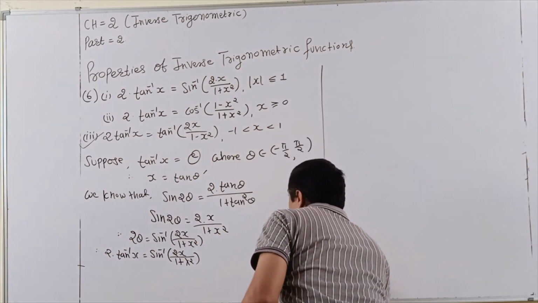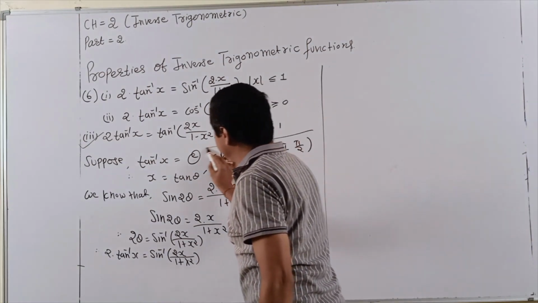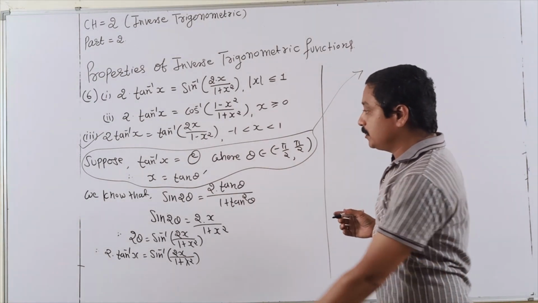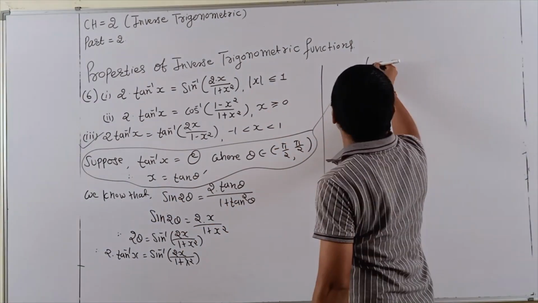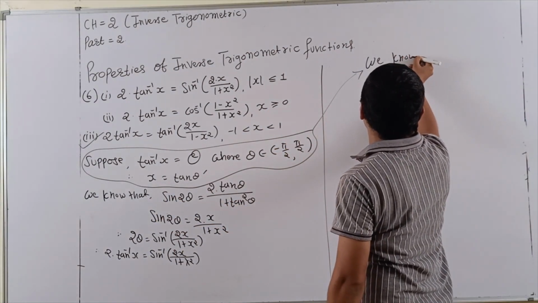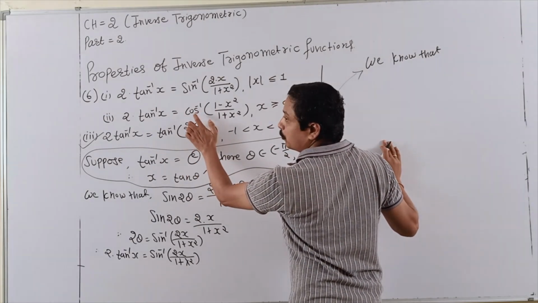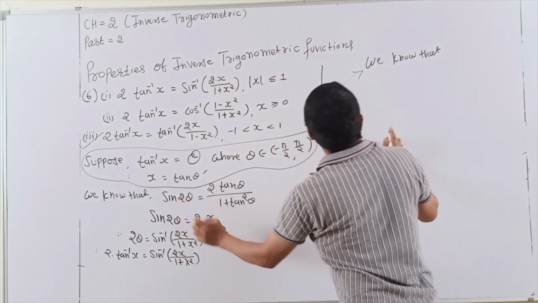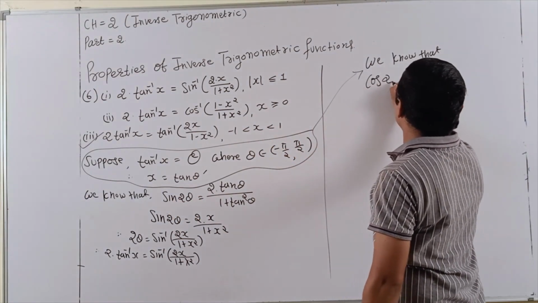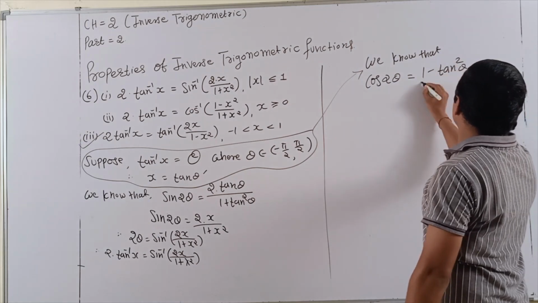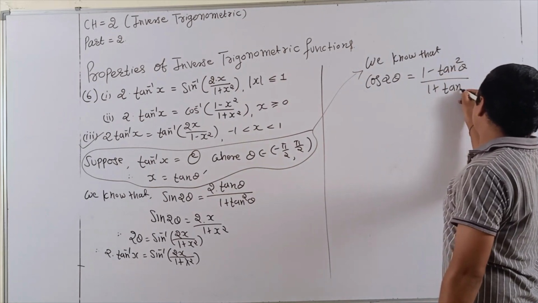So for the second one, the assumptions are the same, but the property changes. So we know that, now utilize it related to our second property, cos inverse. So here apply cos 2 theta in terms of tan: 1 minus tan square theta by 1 plus tan square theta.